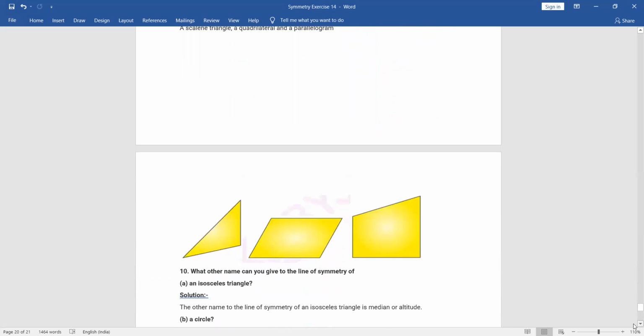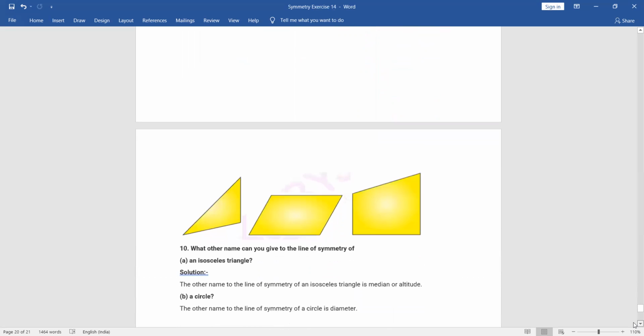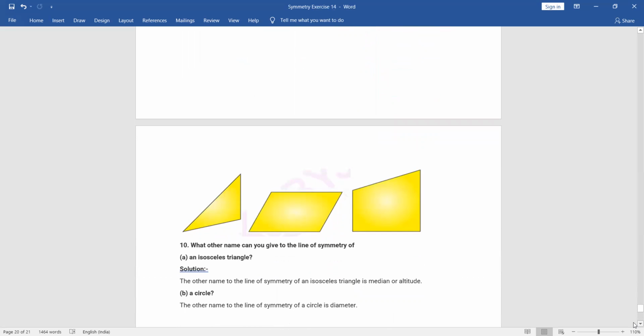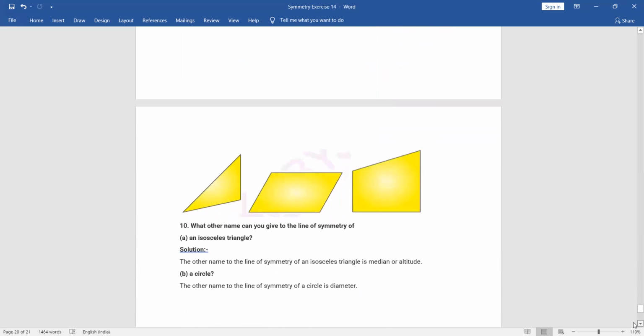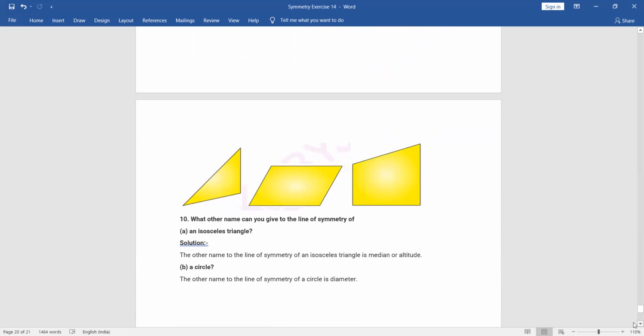Just see a few examples: parallelogram, scalene triangle, quadrilateral. Okay, you can't draw any line. There is no line here. So if no line is there, then no line of symmetry. You can easily give the answer. And if any line is there, with which you can fold and both parts coincide, yes, then a line of symmetry is there.